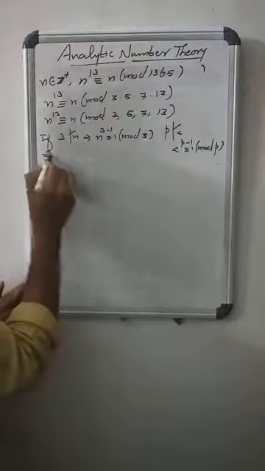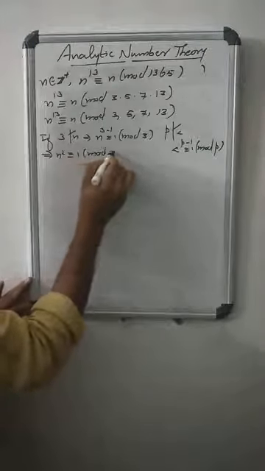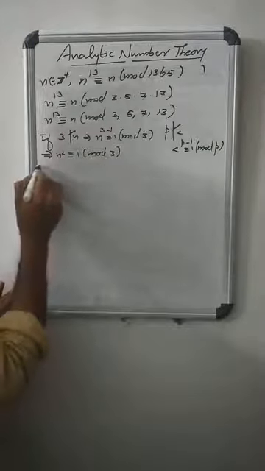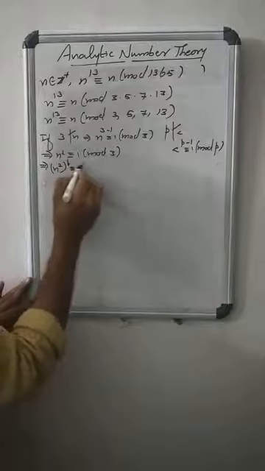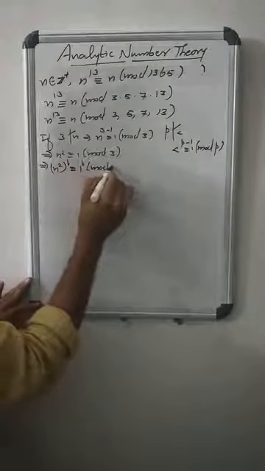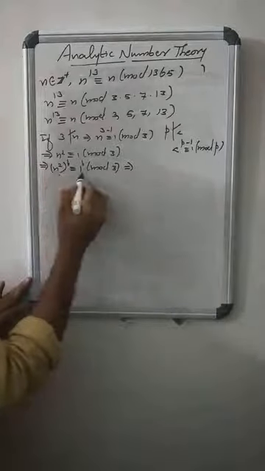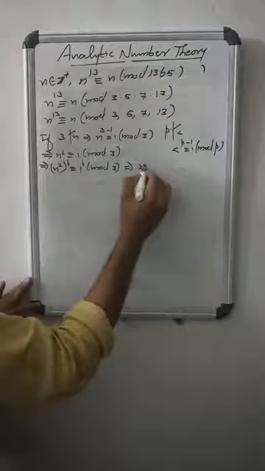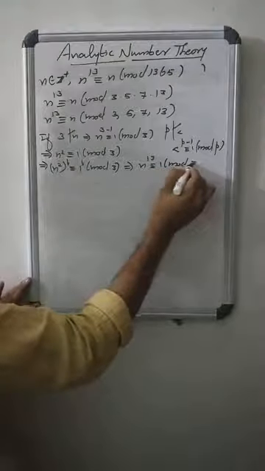N square congruent to 1 mod 3 means n square all power 6 is congruent to 1 power 6 mod 3. That means n power 12 is congruent to 1 mod 3, which means n power 13 is congruent to n mod 3. Sure?